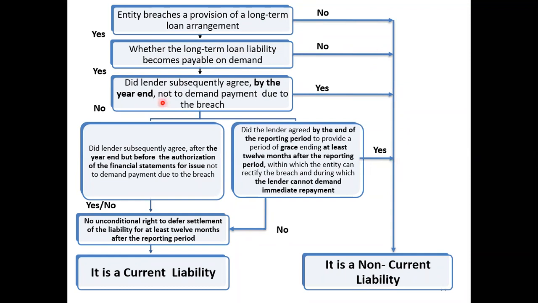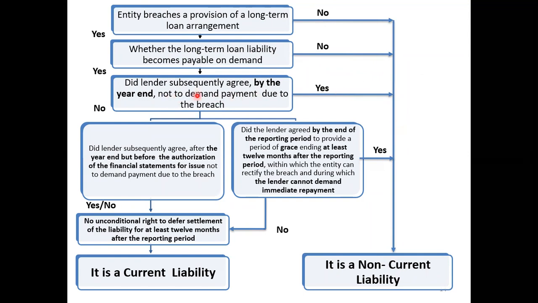Did the lender subsequently agree by the year end, meaning before the reporting period, not to demand payment due to the breach? If the answer is yes, it means the entity has more time to settle the money, so it becomes a non-current liability.